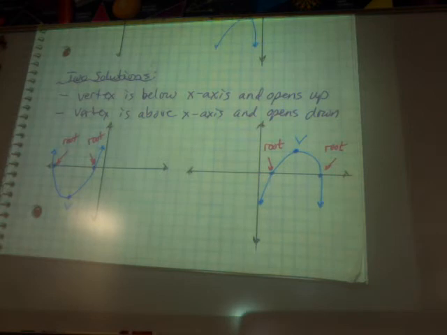And then we have one more situation. What would that be? We've had one solution, two solutions, and no solution. So can I flip this yet? Okay, I'll wait.